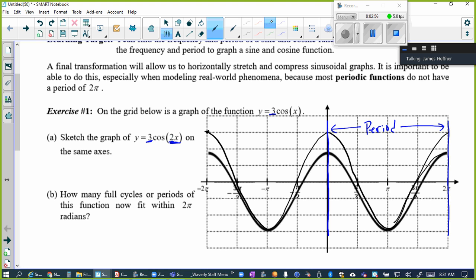I'll do green. So it's still up 3, but now instead of hitting the axis here, we're going to hit it here. Follow me? And then down to here. So we're kind of squishing it in, like twice as many of these in one period. There, and then there, and then halfway, and then up here.